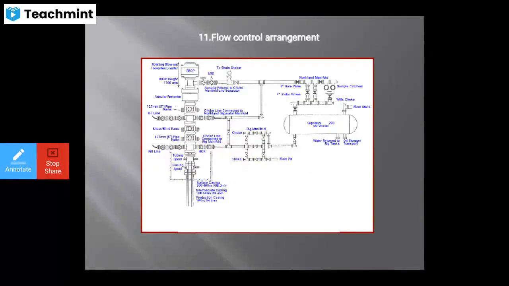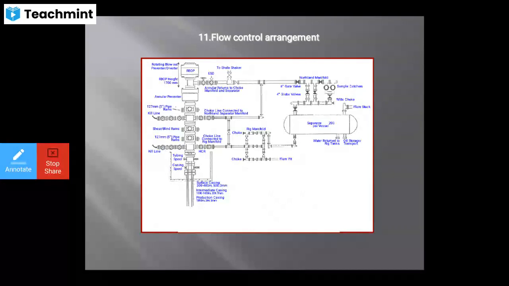How you are doing the flow control arrangements is shown here in this diagram. You can see here clearly the RBOP. Before this, you can see the separator pressure vessel and the water returned to the rig tanks. Then oil storage transport. Then the flare stack is separated from the separating vessel. Then there are a lot of gate valves and globe valves, and your sample catchers are sent to the other manifolds and then to the shale shakers.